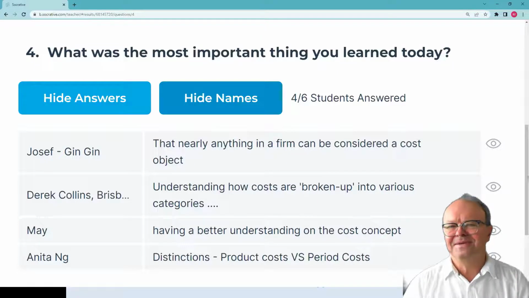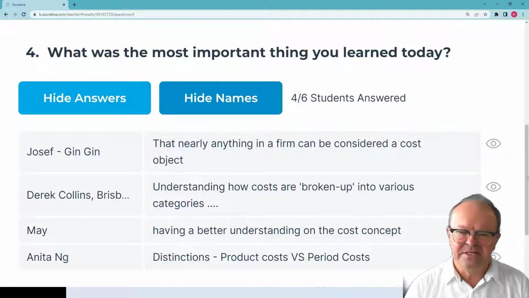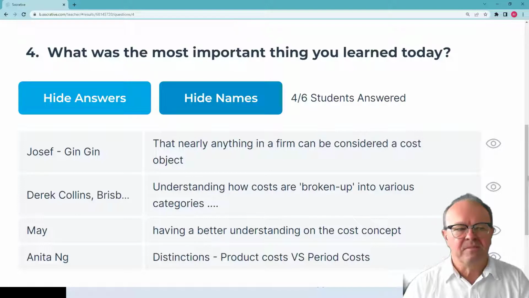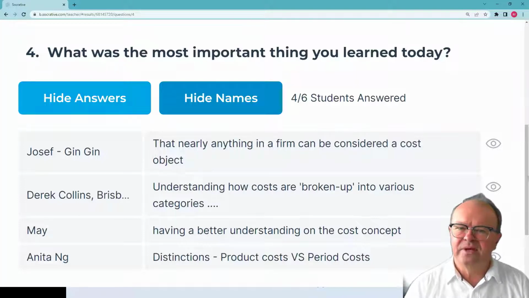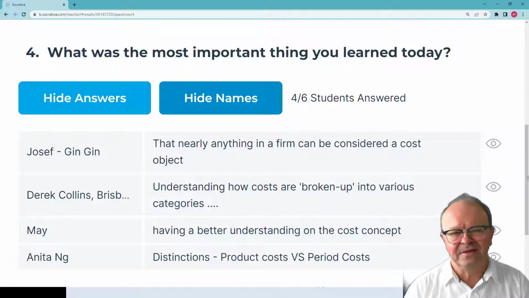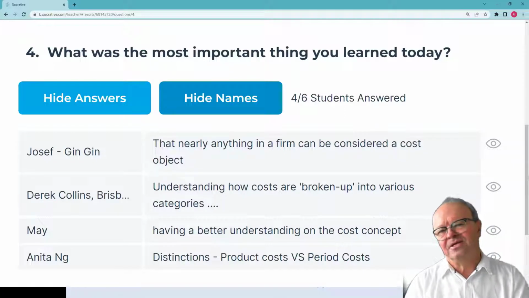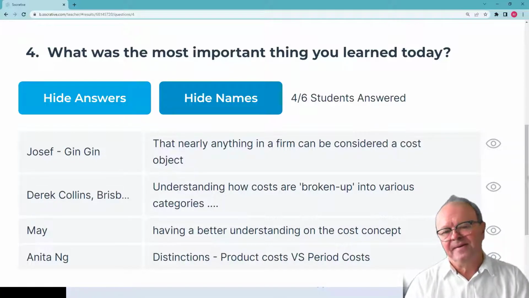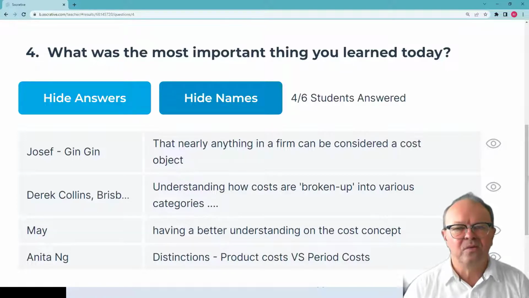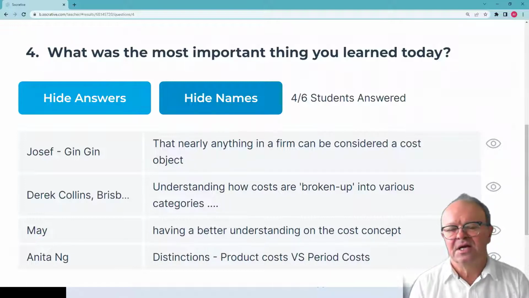That could be a recipe for failure, because of how you're setting your prices and how you're managing your costs. Because you may have to just charge whatever you can in the market, and you can't increase it as you like. So then you've got to manage your costs within that constraint. And so how are you going to do that if you don't know what costs your products or services are taking.